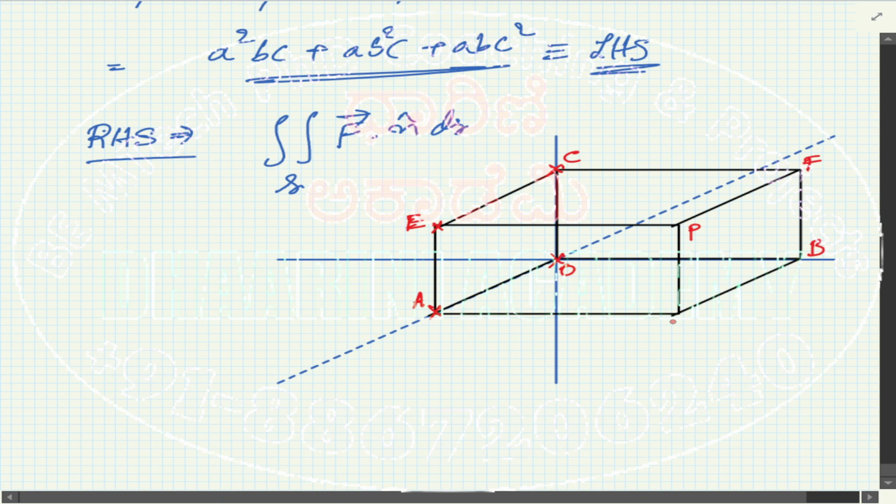This is P, this is F, this is B. Now let's mark the unit vectors. If I call this axis the x-axis, then this becomes the y-axis and the vertical axis becomes the z-axis. So this is i cap, this is j cap, and that is k cap.